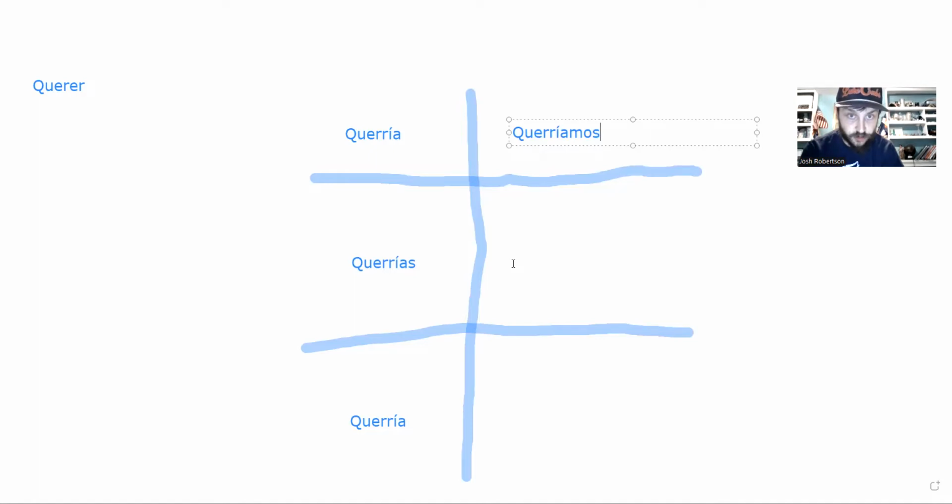Now, in the vosotros y vosotras form, in the indicative present, it is queréis, right? And in the subjunctive, it is queráis. And in the preterite, it is quisisteis, right?